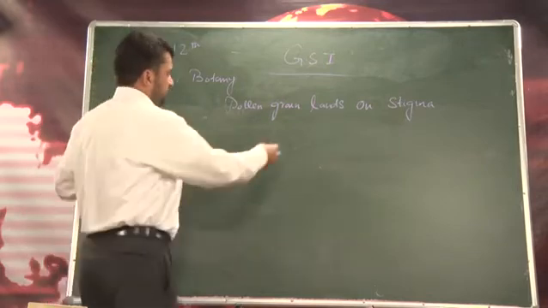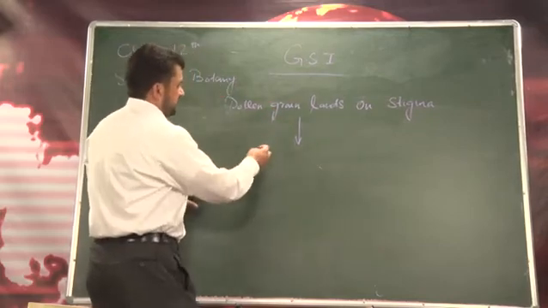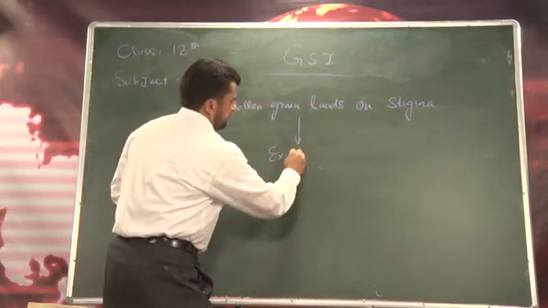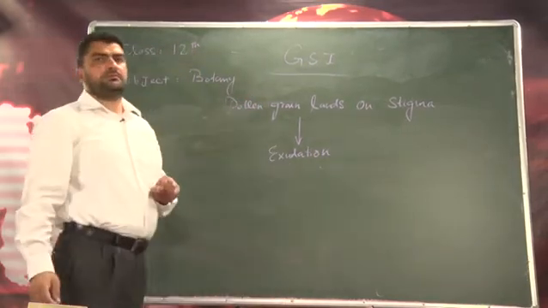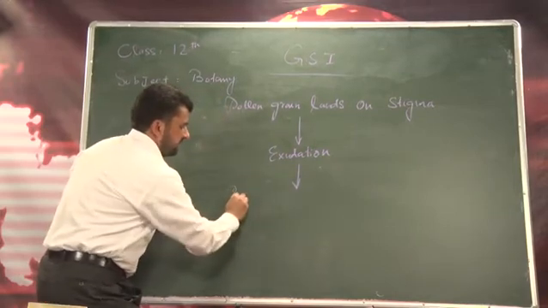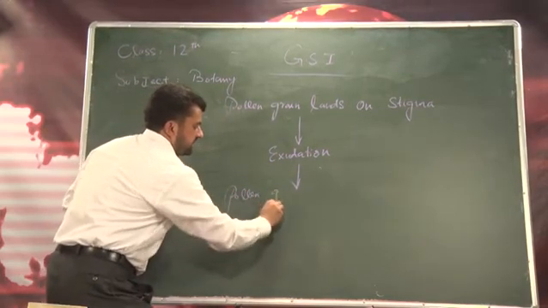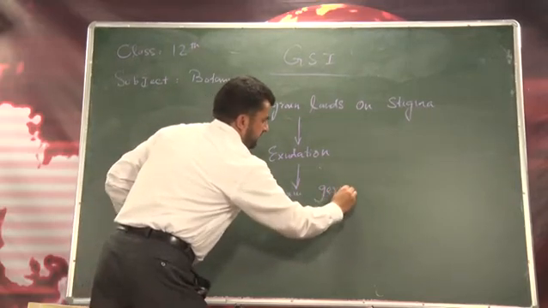Then, because of the exudation on the surface of the stigma, that results in pollen grain germination, right.